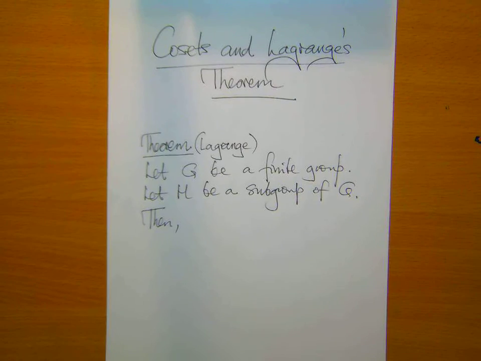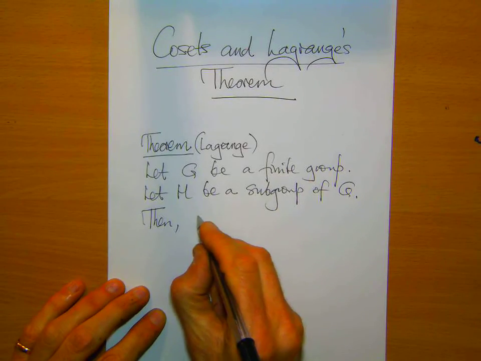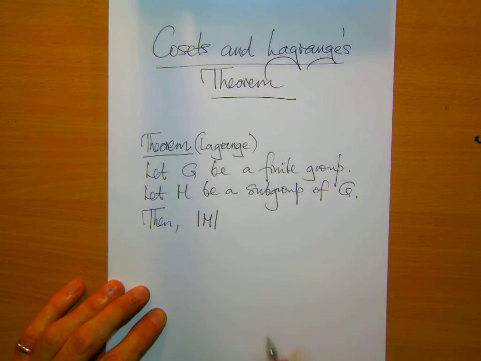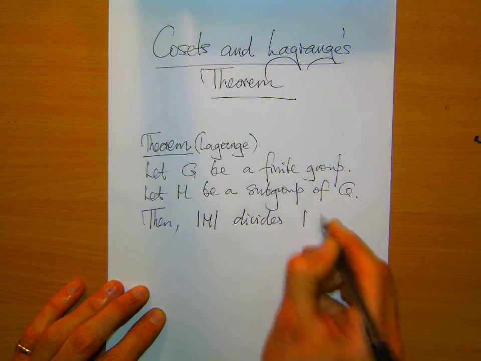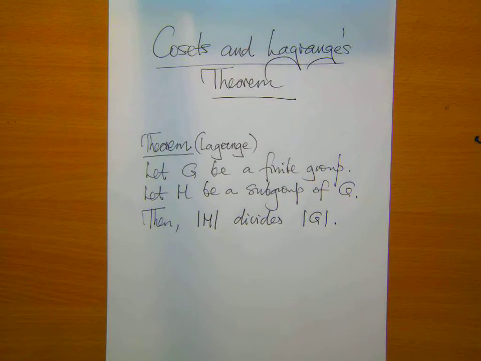Now, it turns out that's true for any finite group. The fact that the order of a subgroup divides the order of the group. The other part, that for each order there's precisely one subgroup, is not true in general. That's true for cyclic groups, it's not true in general.